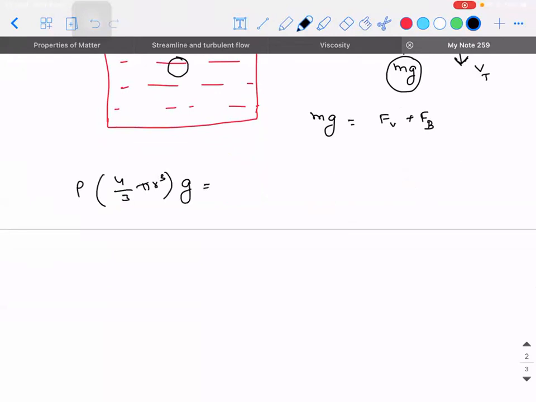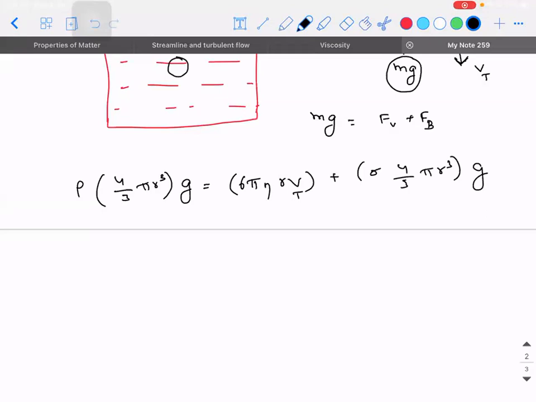Just now I told you, it is Stokes' law. That is 6 pi eta times r into v, and this velocity is called terminal velocity, plus the buoyant force, formula also you guys know. So what is the buoyant force formula? It is the density of the liquid multiplied with the volume of the solid that is immersed, multiplied with g.